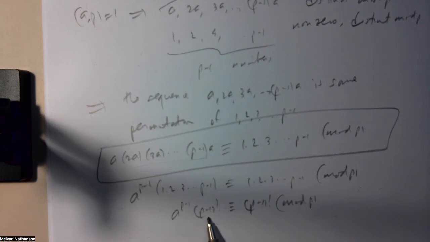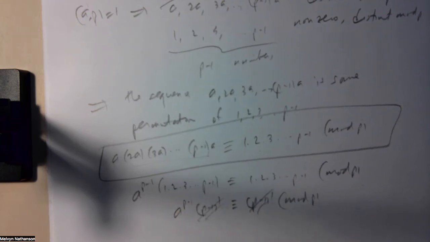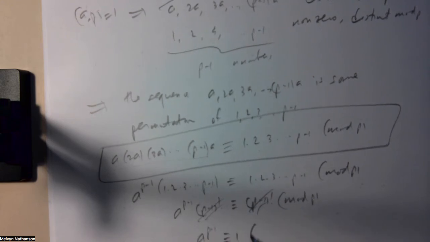And p minus 1 factorial is not divisible by p. If p were to divide this product, it would divide one of the factors, and these factors are all strictly less than p and at least 1. So this is not 0 mod p, so I can cancel it. And when I cancel, I get a to the p minus 1 is congruent to 1 mod p.